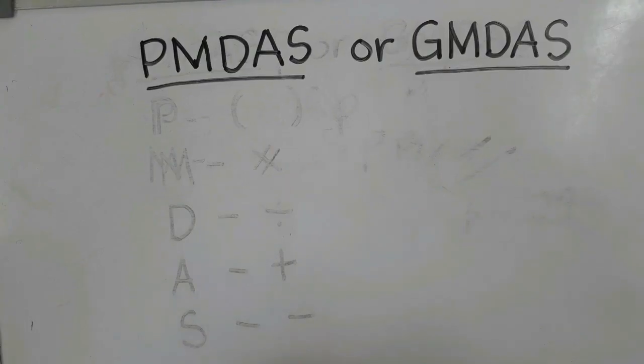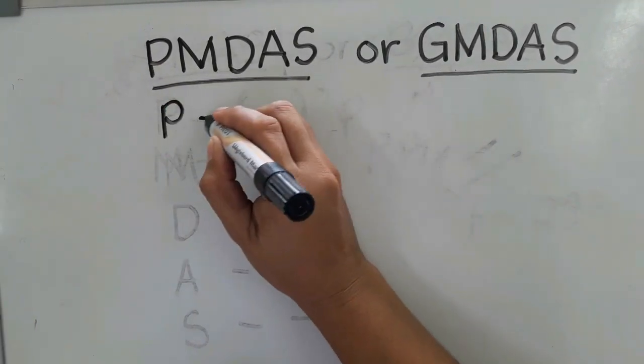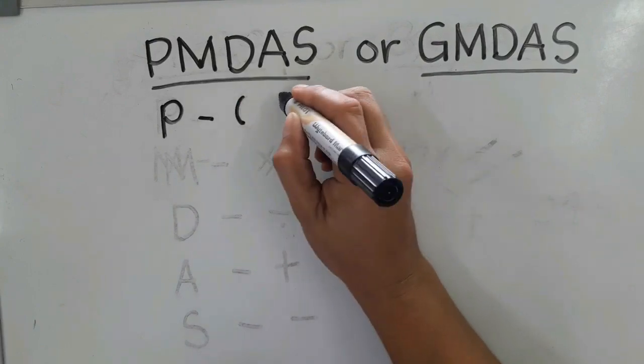For today's lesson, I'm going to show you the PMDAS or GMDAS step-by-step process. But before we proceed, let's first learn what PMDAS or GMDAS stands for. For PMDAS, P stands for parenthesis.